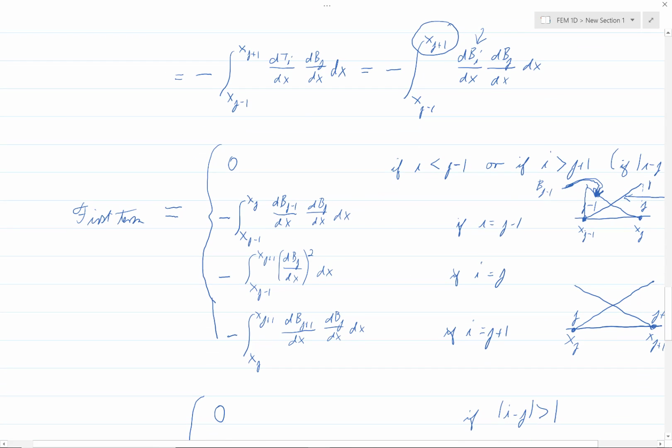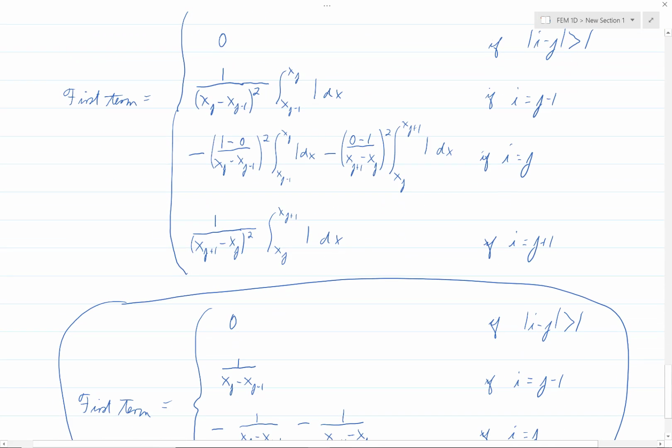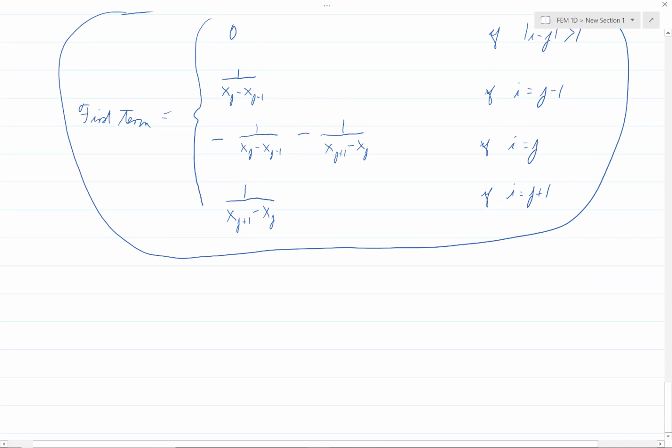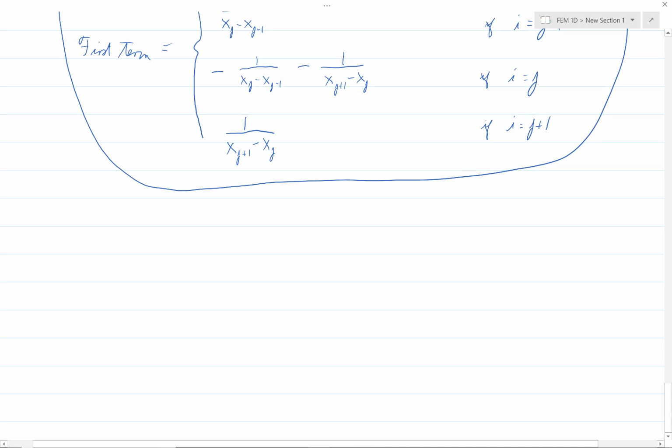For instance, just to give one last little note on that, let's say that this is node j and node j plus 1, and here's node j minus 1, and so here's xj minus 1, xj, and xj plus 1.